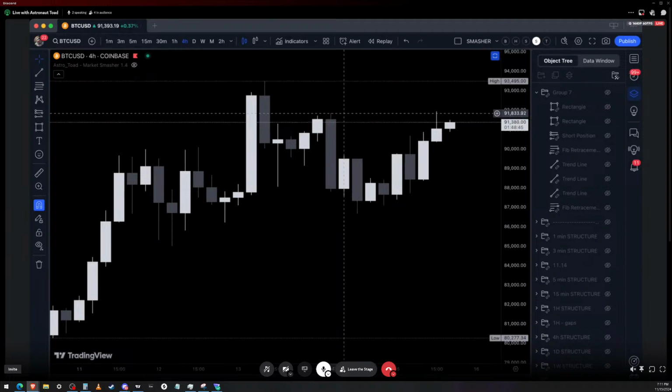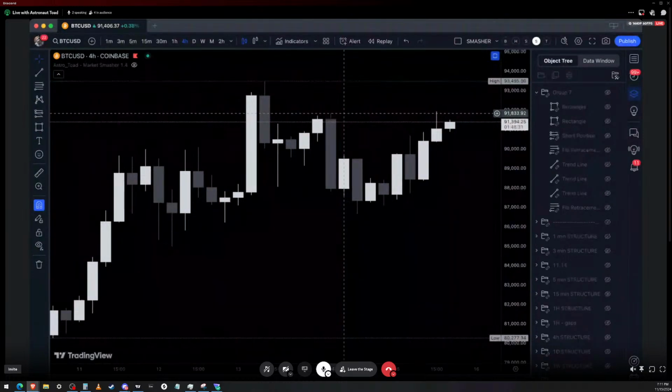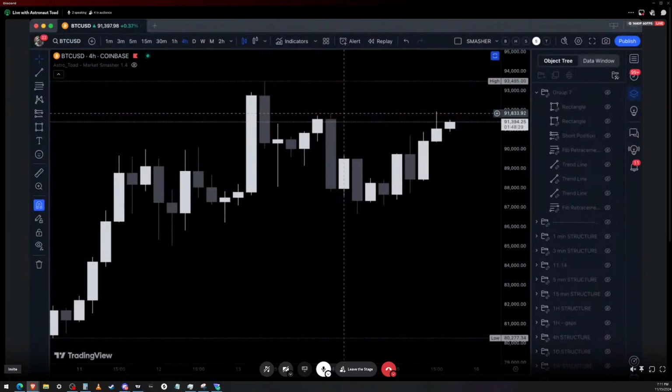There's a ton of stuff that ICT teaches, ICT himself and dozens of other quote unquote famous YouTubers or streamers who all have their own way of seeing the market. They've all got their acronyms, like order blocks, fair value gaps, buy side liquidity, sell side liquidity, inverted, displacement, this, that.